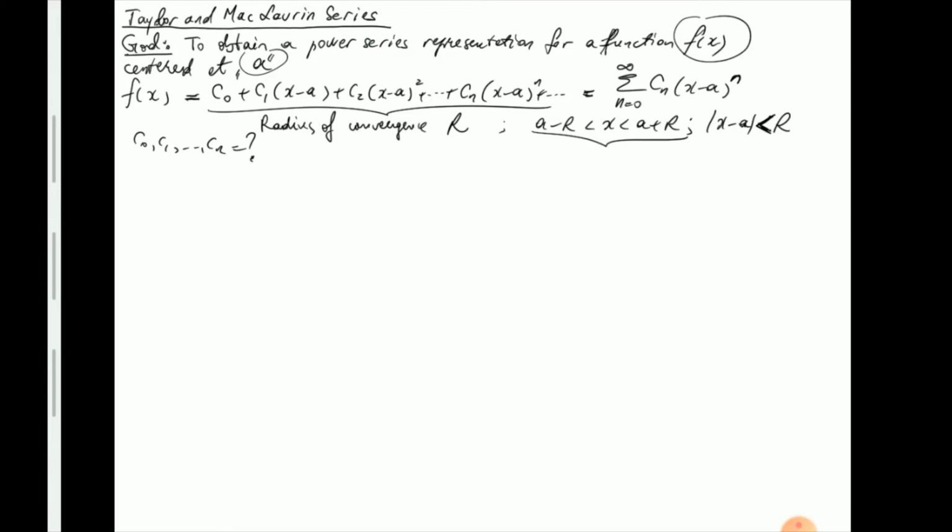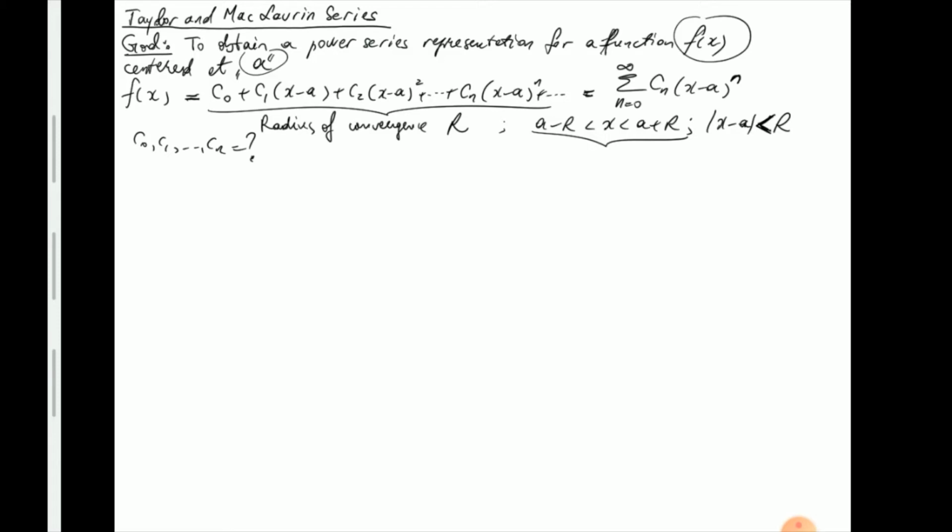Now, speaking about the terminology, the Taylor series is basically the power series we will obtain that represents a function f of x. The MacLaurin series is just a Taylor series when a is equal to 0. We'll get to that after we go through the work on how to obtain these coefficients.